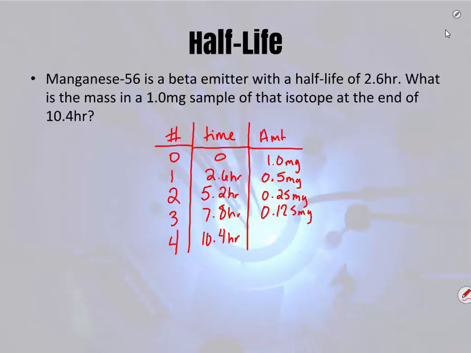And then I'm going to cut my sample in half. 0.125 divided by 2, so I get 0.0625 milligrams. My question asks for how much mass is remaining at the end of 10.4 hours, so my answer would be 0.0625 milligrams remaining after 10.4 hours. It helps to organize your answer by creating this table.